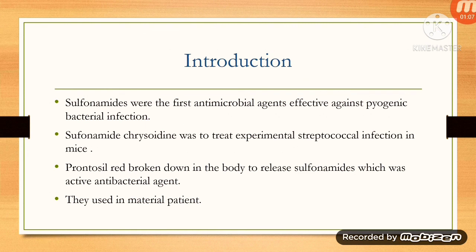So this is the introduction part that I've already told you: sulfonamides were the first antimicrobial agents effective against pyogenic bacterial infections. The second point is that chrysoidine was used to treat experimental streptococcal infections in mice, and prontosil red was broken down in the body to release sulfonamide, which gives the antibacterial effect.